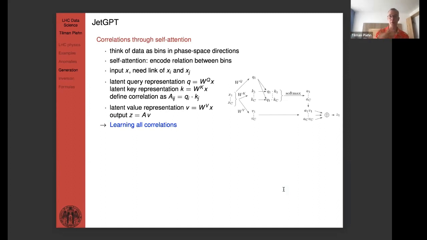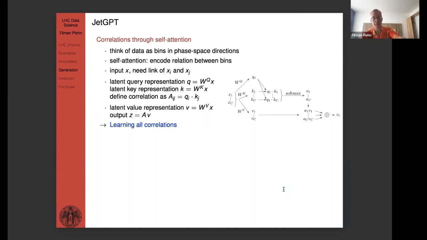So now think you have an input X, and you need the link between X_i and X_j. Think of it as a matrix, right? So how do you construct that? Well, the network constructs a representation of your point X that you start with, and we call that vector Q. That's just a matrix rotation.